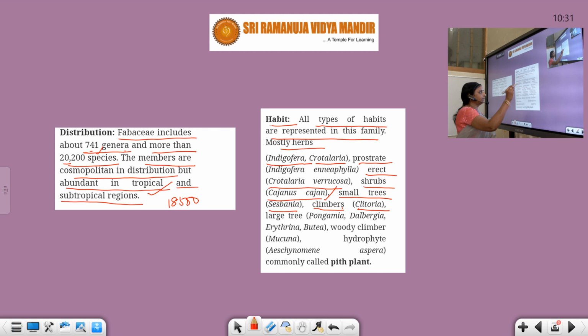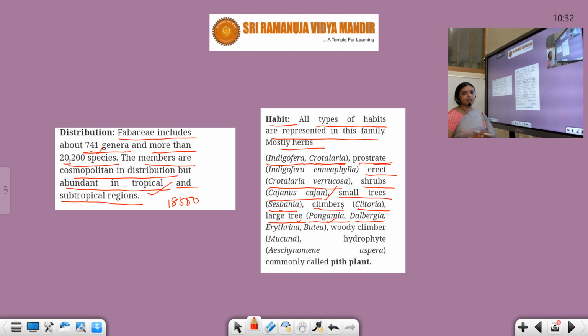Whereas Crotalaria is prostrate type. And there are small trees like Sesbania, and large trees like Pongamia and Dalbergia latifolia, rosewood. Pongamia and others are trees. So all types of variety we can observe in this family.